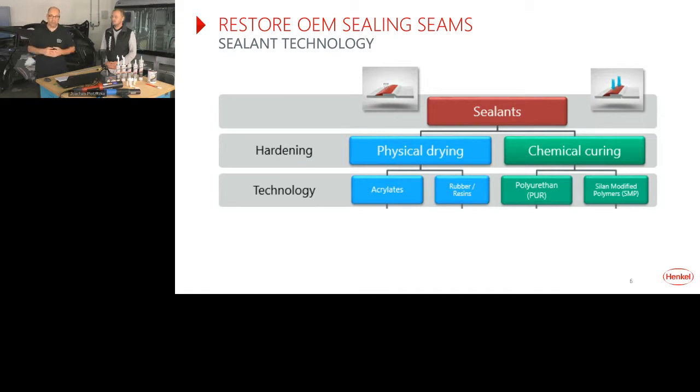On the other side, chemical curing is a chemical process. We have a chemical reaction, so it's totally different than drying. So these are the two channels we can choose for a sealing product. And you see below, the technology leads us to something else: materials, technologies, acrylates, rubbers, polyurethane, modified polymers.